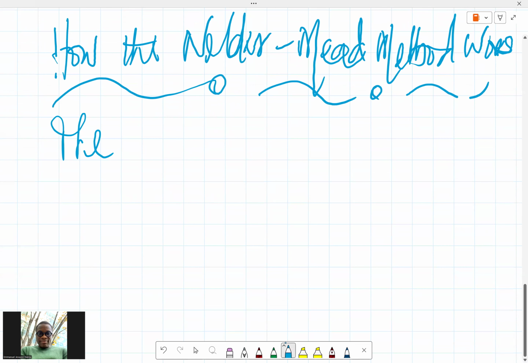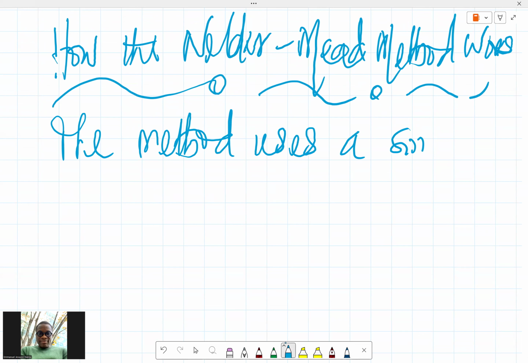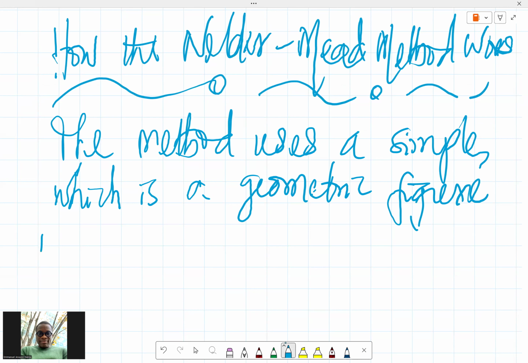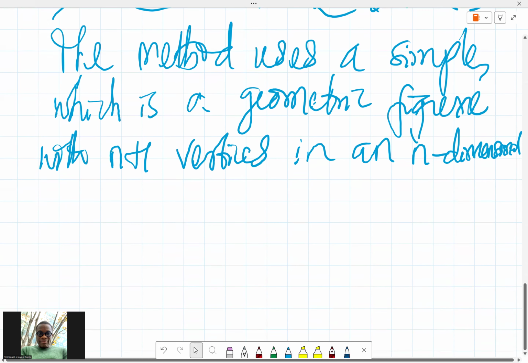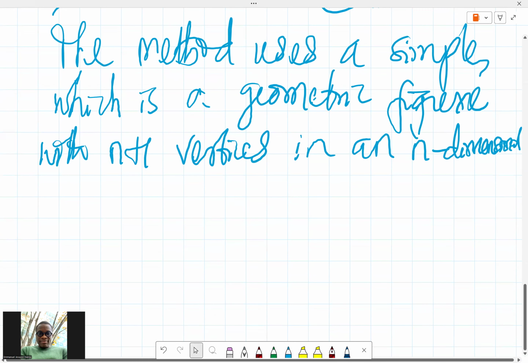The method uses a simplex, which is a geometric figure with n+1 vertices in n-dimensional space.